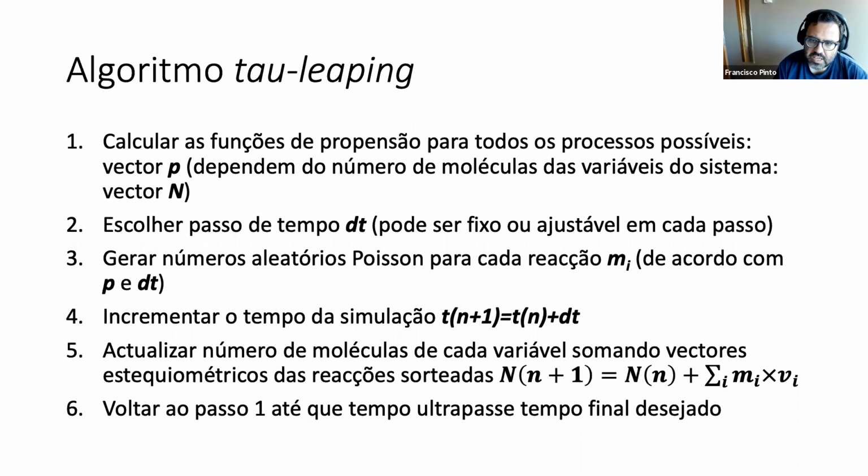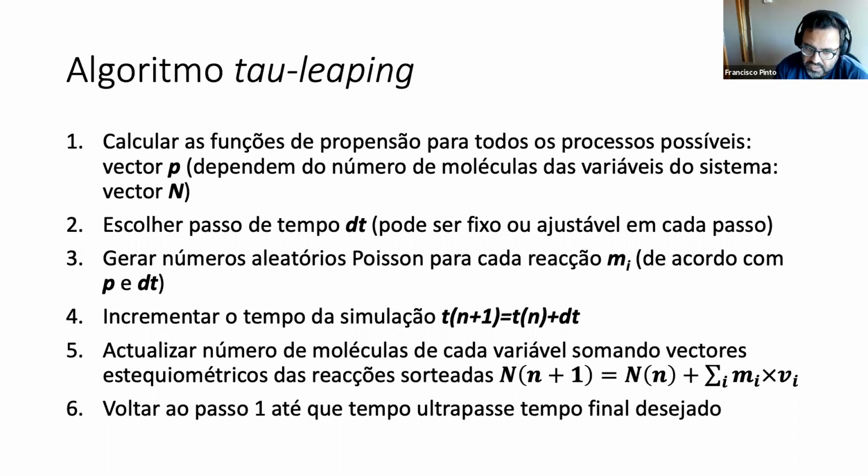It's called tau leaping, and here, instead of computing the random time to the next event, you assume that you have a fixed or variable time step, but the time step is not defined by a random number from an exponential distribution. So you choose the time step, and then you compute for all the processes in the model the likelihood that they are going to happen in the next time step. So you compute their propensities.